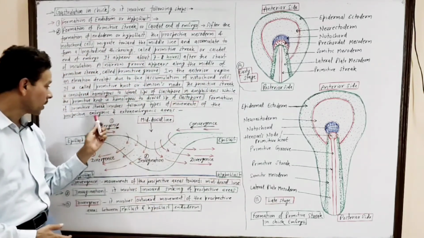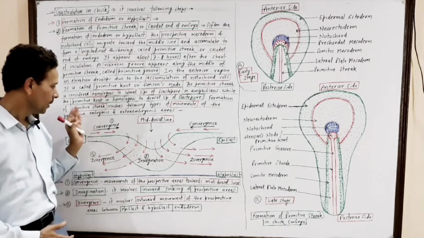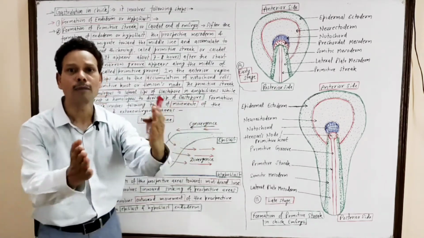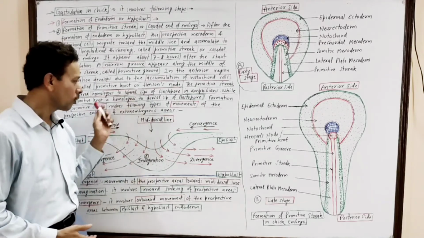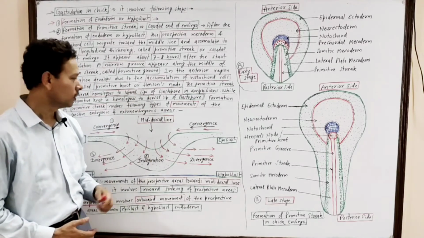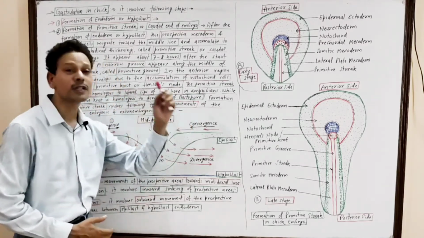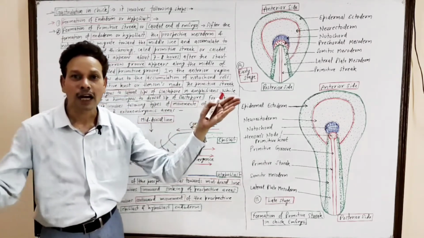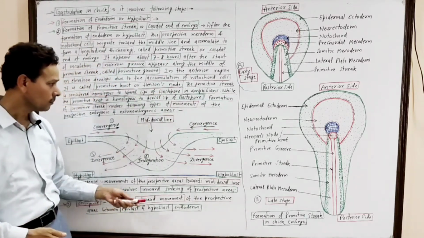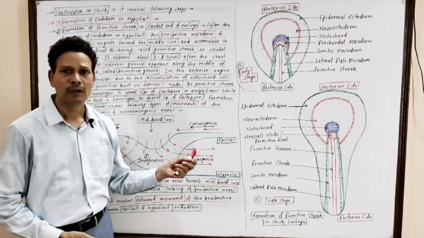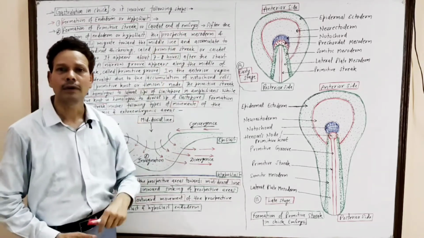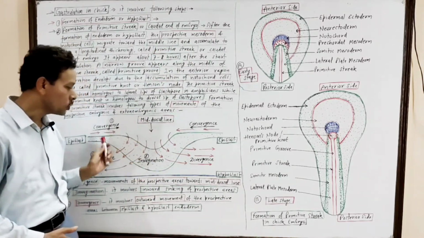First type of movements, convergence. These movements are inward movements of prospective areas towards the mid dorsal line of body. The embryo, after the formation of hypoblast, is two layered.